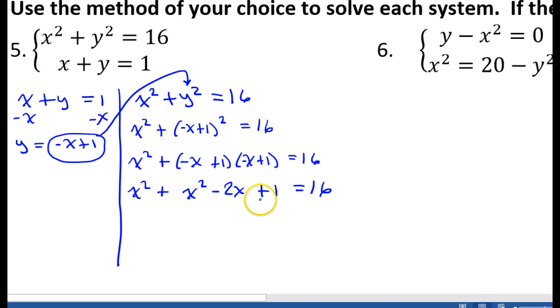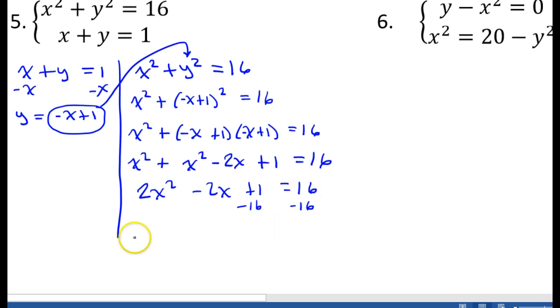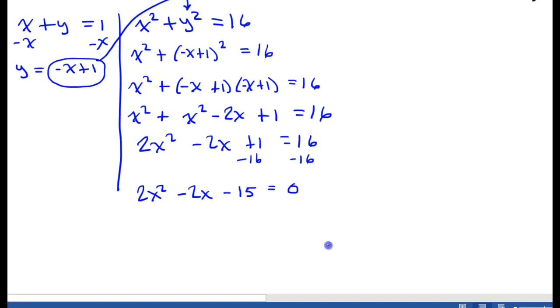Combining like terms, I've got 2x squared minus 2x plus 1 is equal to 16. Subtracting 16 from both sides, I've got 2x squared minus 2x minus 15 is equal to 0.